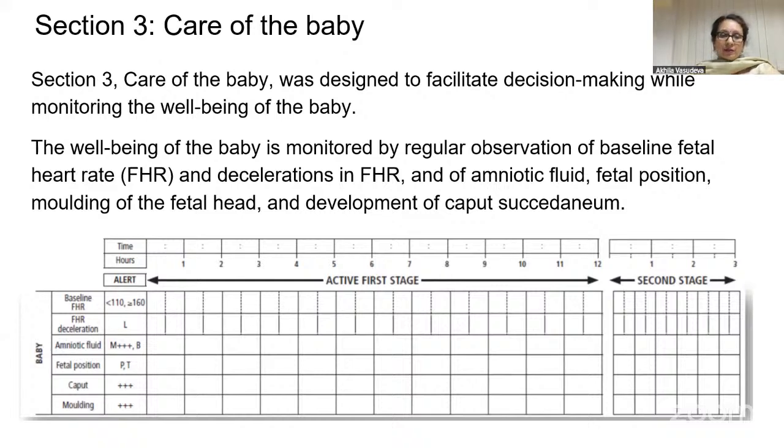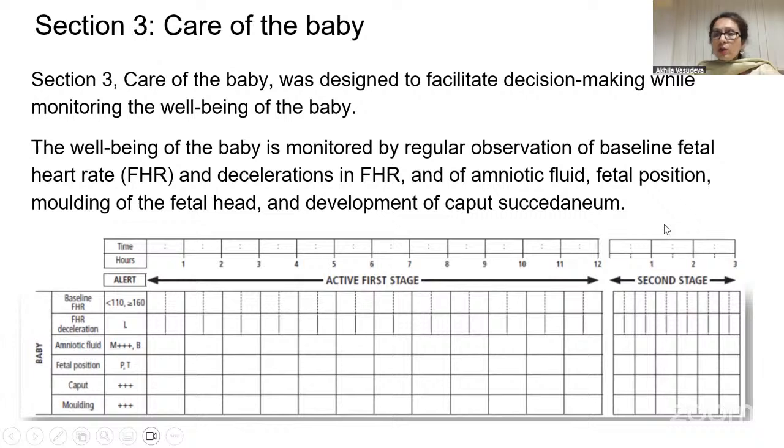Practically speaking, at least in our labor room, we don't have enough manpower to do that. So that's the reason why all low risk women will have CTG monitoring in our labor room, which, scientifically speaking, will give you many more additional things about fetal well-being: the variability, the type of deceleration, the cyclicity, the pattern recognition. So many other things are identified by CTG.